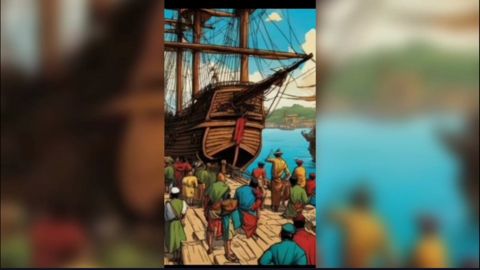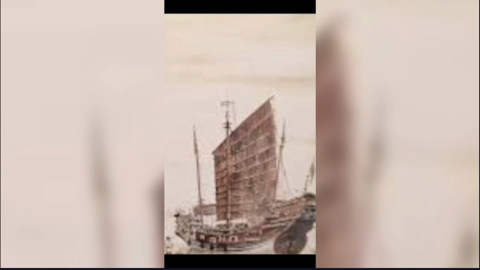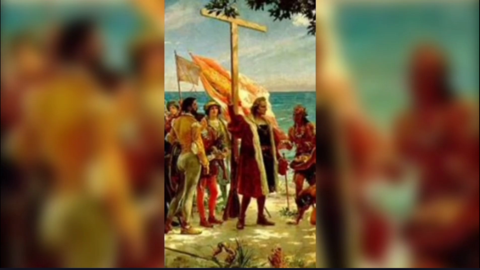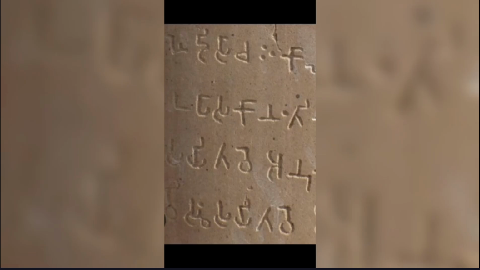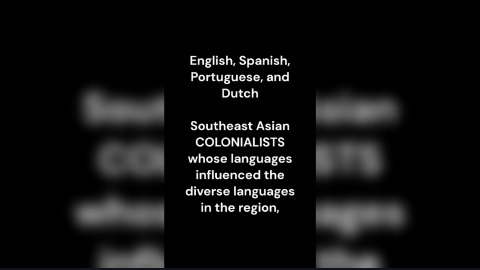But the story doesn't end there. The region became a crossroads of trade and conquest, where pidgins and creoles sprouted in the ports, a linguistic mosaic born of commerce and colonialism. The influence of Sanskrit and Pali through Hinduism and Buddhism sculpted the languages further, leaving behind a legacy of scripts and vocabulary. In more recent chapters, the arrival of European powers introduced new characters to the narrative.